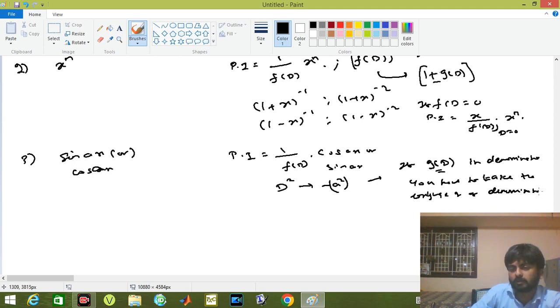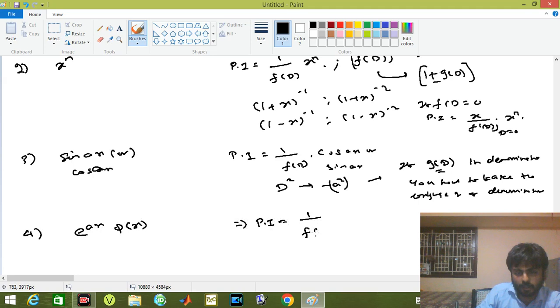The fourth type is e power ax combining with other terms. For that you have to do PI equal to 1 by f of D into e power ax into phi of x.